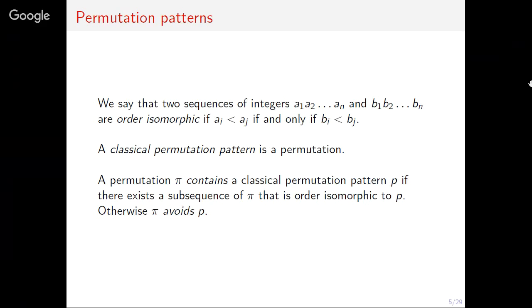And a classical permutation pattern is a permutation. And a permutation can contain a classical permutation pattern if there exists an order isomorphic subsequence of the permutation. That is, a subsequence in the permutation that is order isomorphic to the permutation pattern.